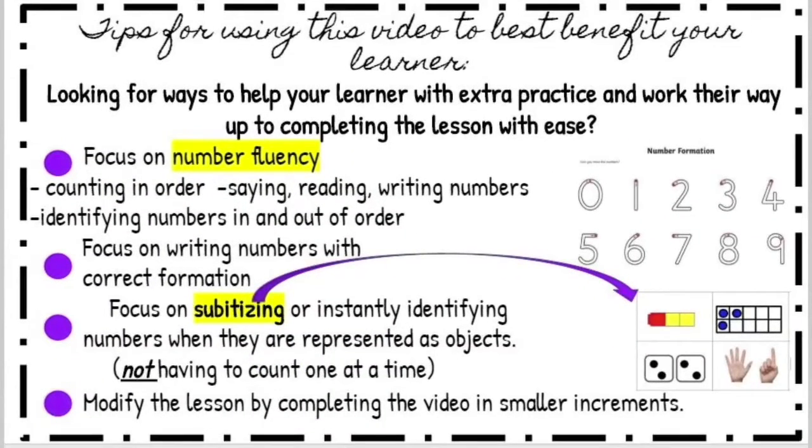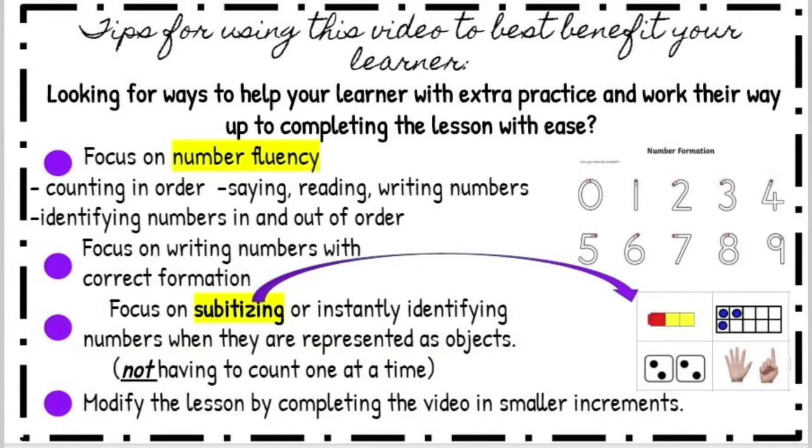Here are some notes to parents on how to modify this video lesson to best fit your learner. If you are noticing that your learner is struggling to complete these video lessons with ease, here are some suggestions that may help them work their way up to a more successful completion of the videos.